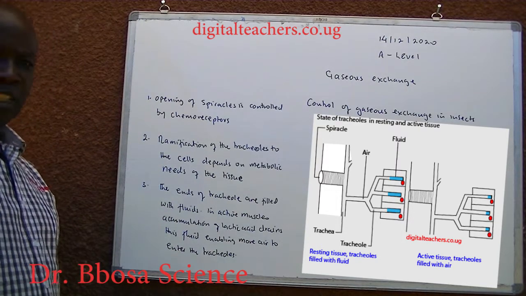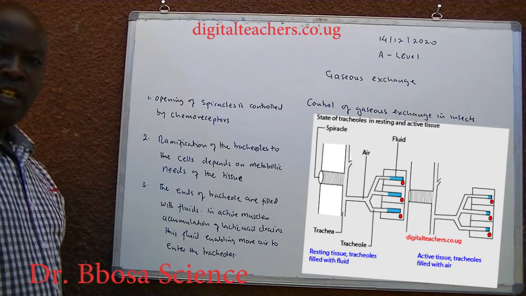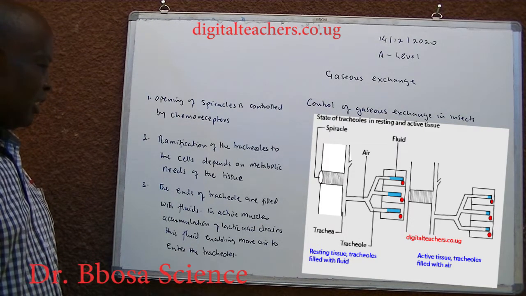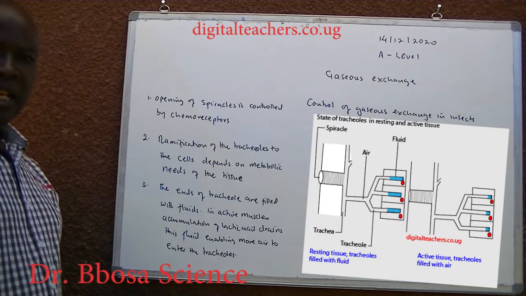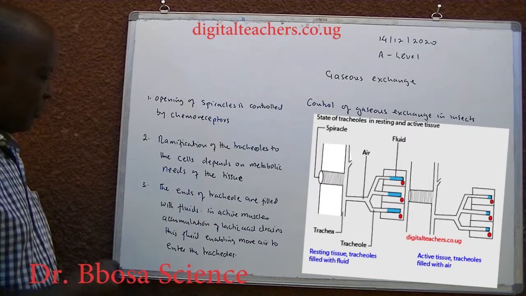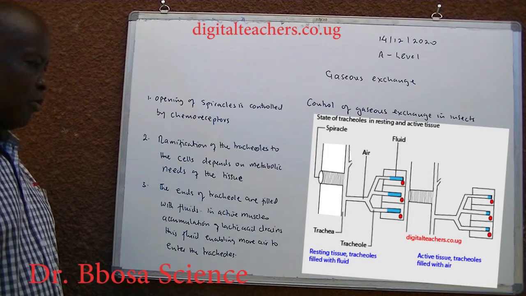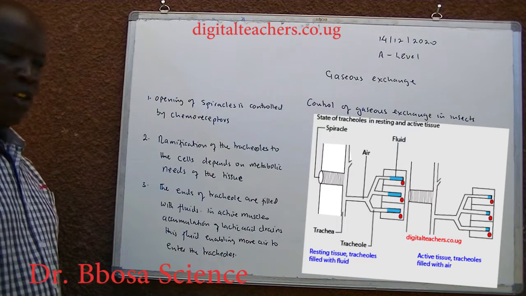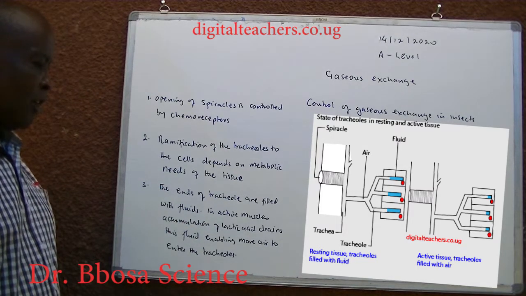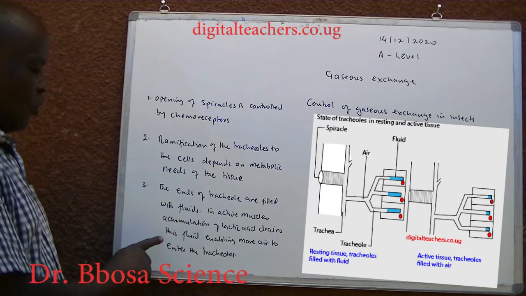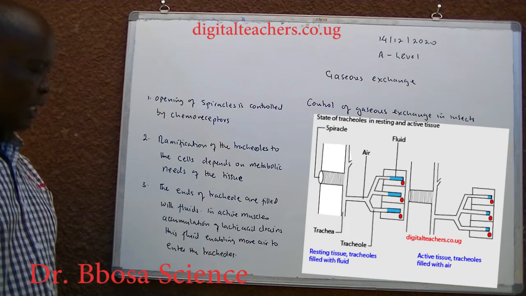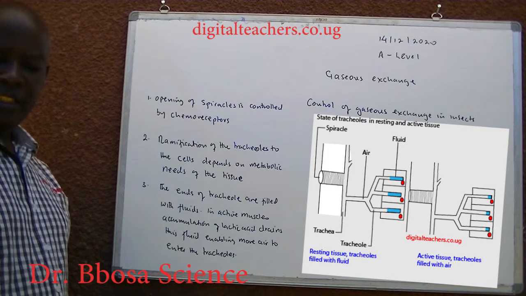Opening of spiracles is controlled by chemoreceptors. 2. Ramification of tracheoles to the cells depends on the metabolic needs of the tissue. 3. The ends of tracheoles are filled with fluid. In active muscles, accumulation of lactic acid drains these fluids, enabling more air to enter the tracheoles.